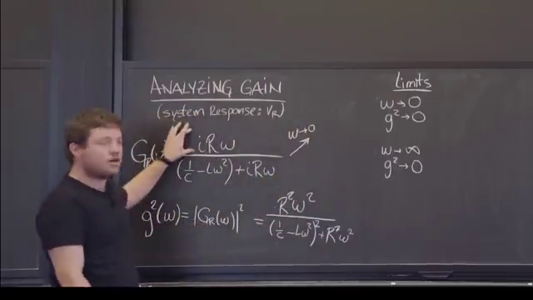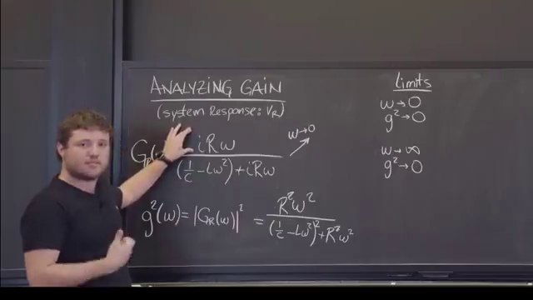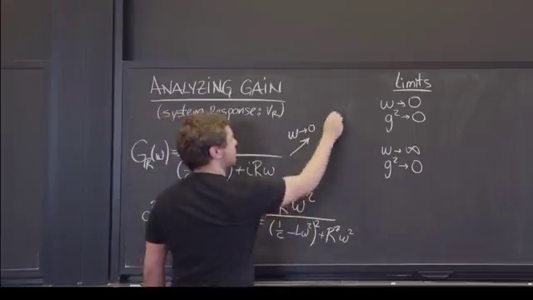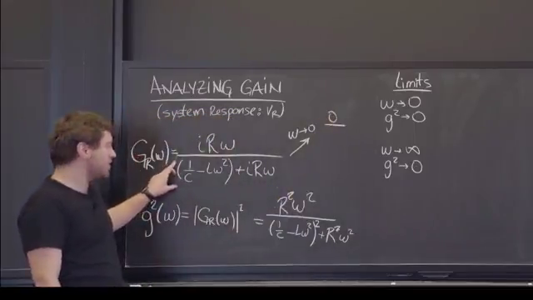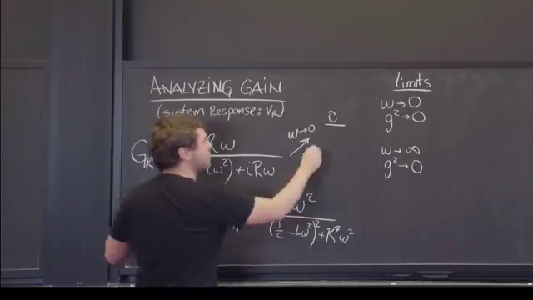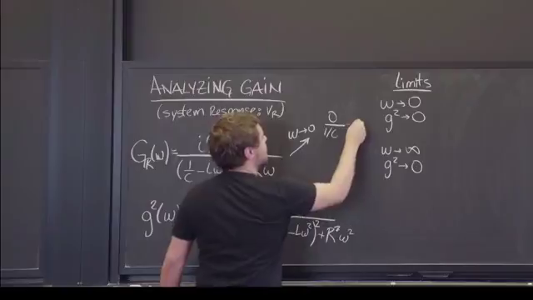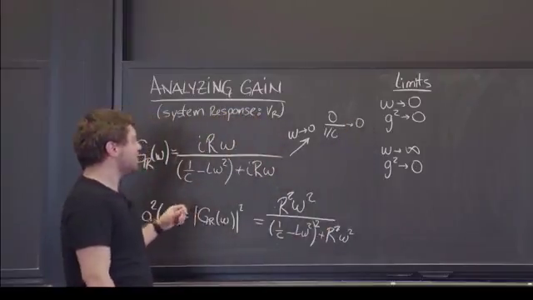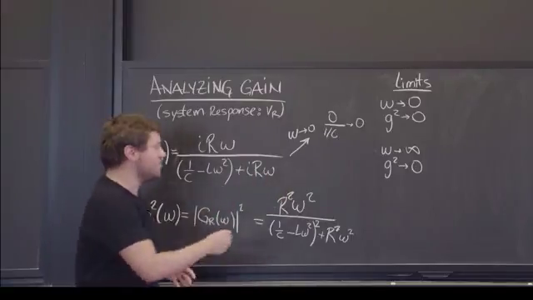So the complex number on top in the numerator becomes 0 because we have IR omega and omega goes to 0. And the complex number in the denominator goes to 1 over c. So again, we recovered the same result, that the complex number tends to 0, and therefore its magnitude tends to 0.